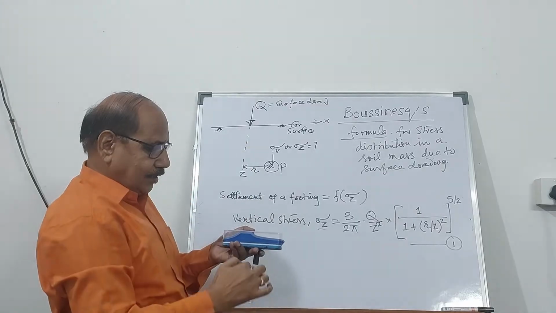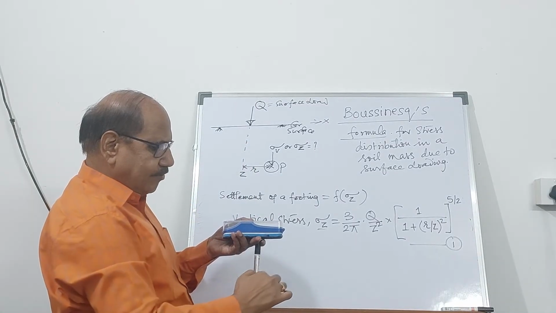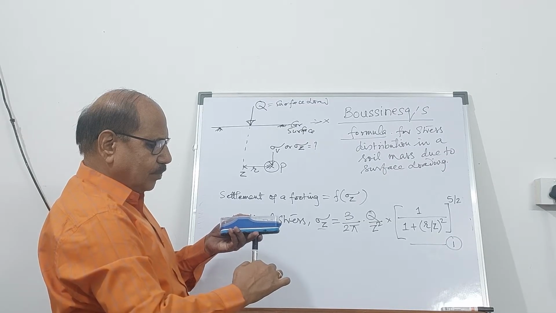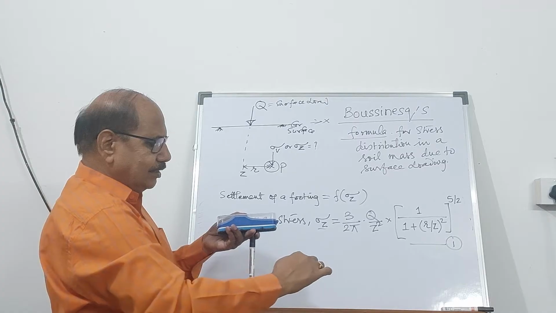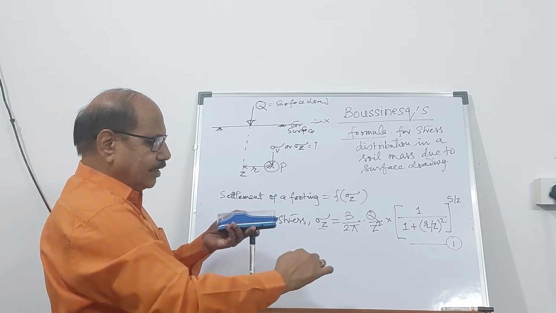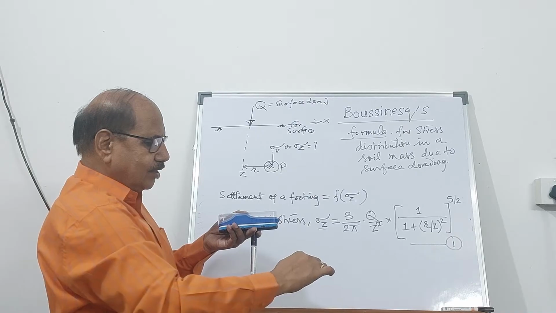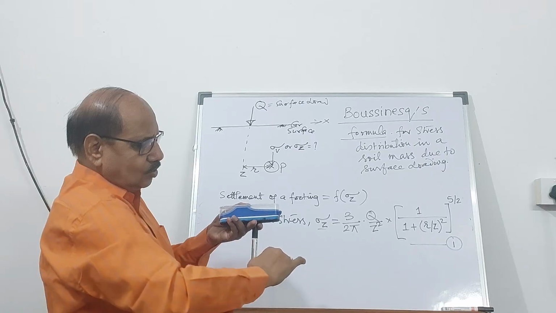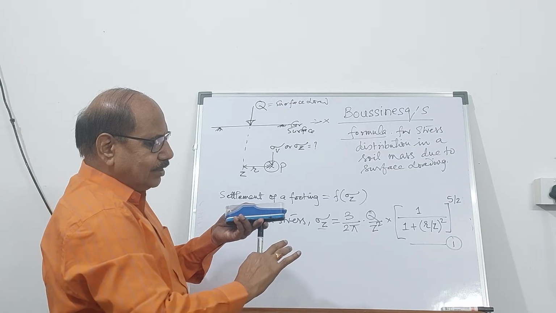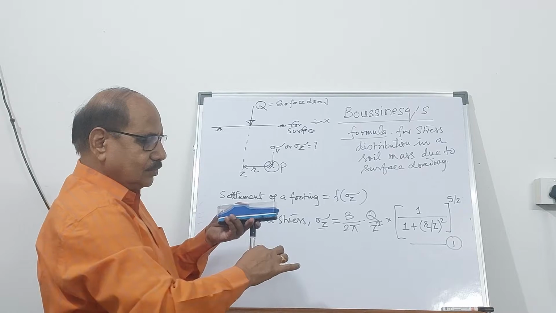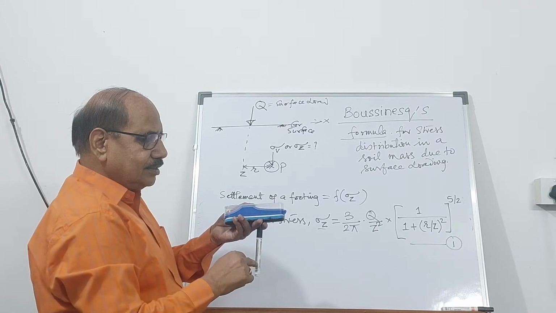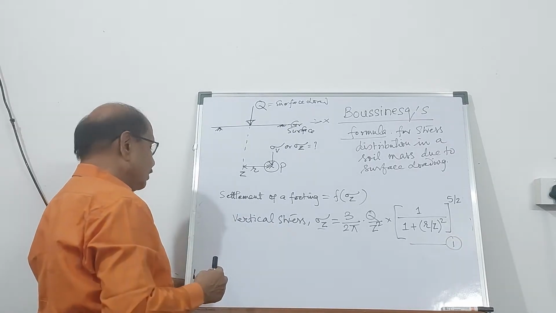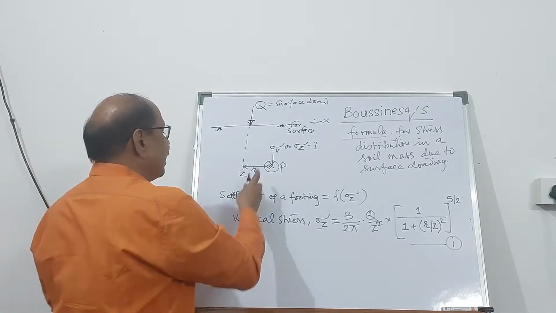So here the point could be anywhere. It could be perpendicular to this. So at perpendicular to z axis, the horizontal distance, you can find it out. The point could be here, it could be anywhere inside the ground. So you can find out the horizontal distance in any direction, right? The horizontal distance with respect to the z axis. And that horizontal distance from the z axis is given as r.